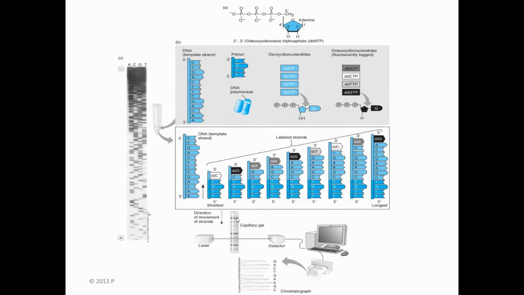You have a capillary gel, because they sort the fragments based on size and run them through this gel, and then the laser detector detects the fluorescence and sends the signal information to the computer, which generates a profile and gives you the sequence data. So this is the chain termination sequencing. It's also called Sanger sequencing because the person who developed this technology has the last name Sanger.